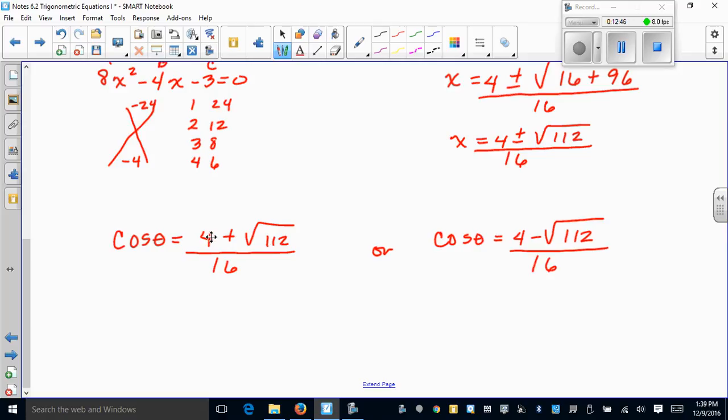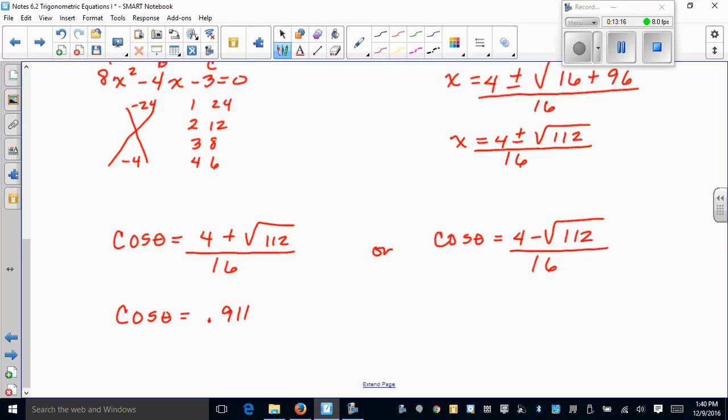Since this is 4 plus something that's even larger than 4, the square root of 112 we know is more than 10. We're going to throw that out there. Well, actually, I was going to say this is going to be more than 1, I don't think it is. So if I find this cosine value, cosine of theta equals, and I plug that in, I get 0.911.